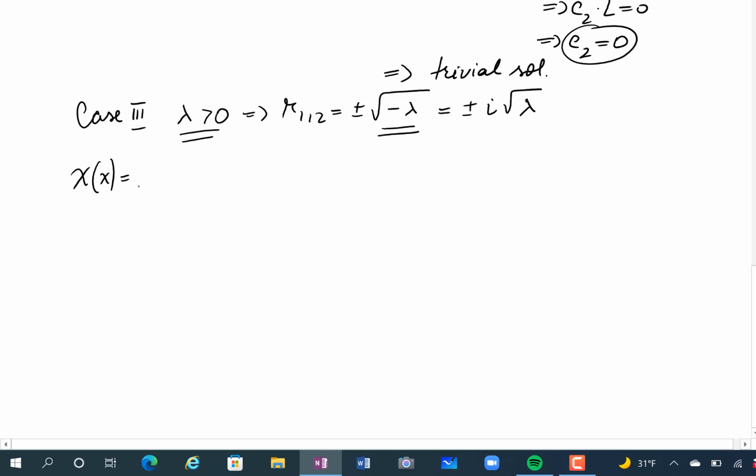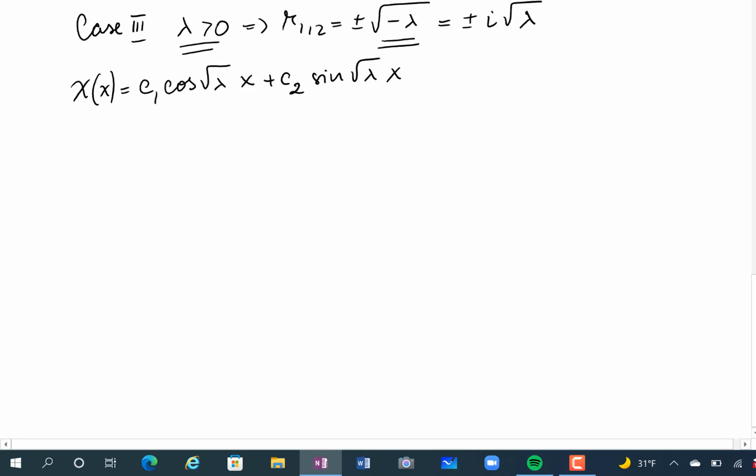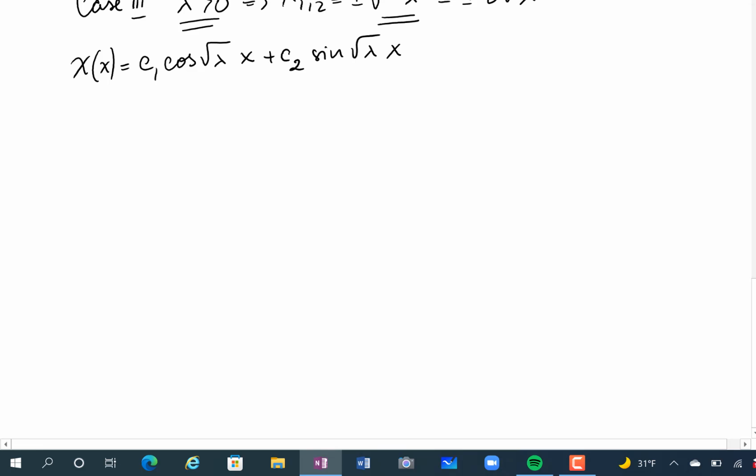That means X of x is going to be C1 cosine of square root of lambda x plus C2 sine of square root of lambda x. So how important was it to actually master chapter 4, right? So the boundary conditions again, X of 0 is 0, and X of L is 0 also.